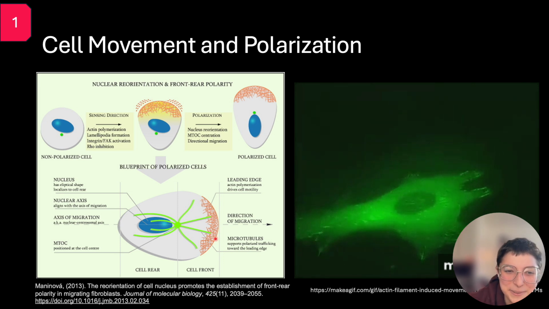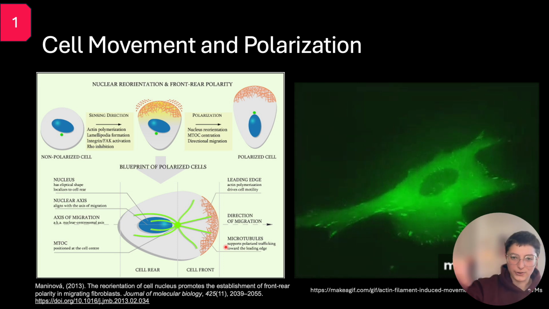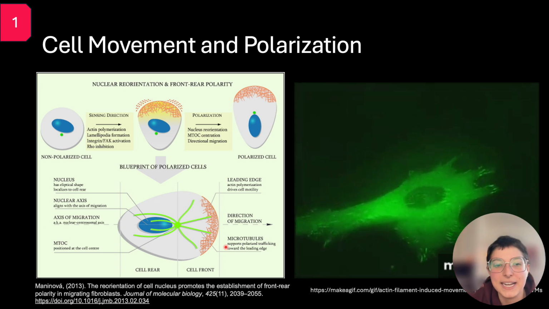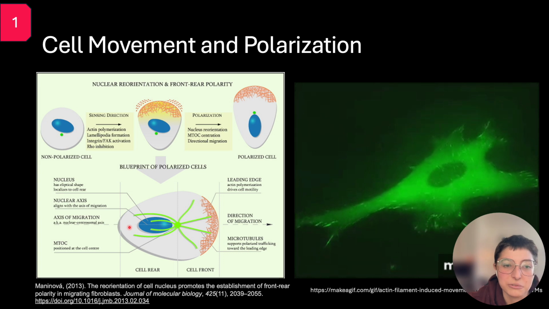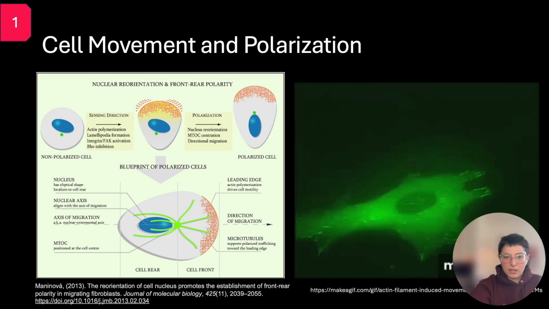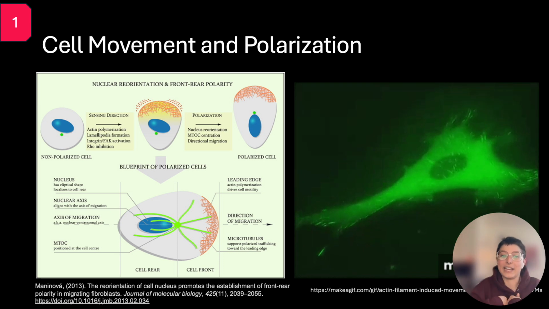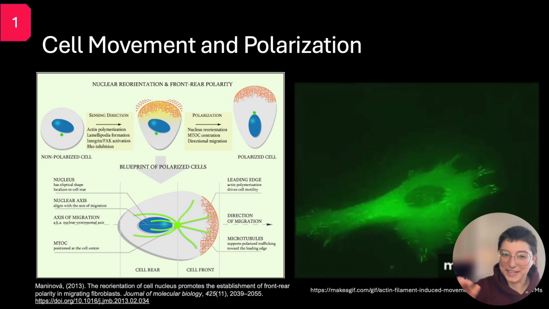We have actin polymerization happening here. So the cell is pushing towards that, grabbing onto the substrates around it and pulling itself along. And then in the cell rear, we have contractions happening, so they're detaching from the substrate and pulling in. So you get that movement.